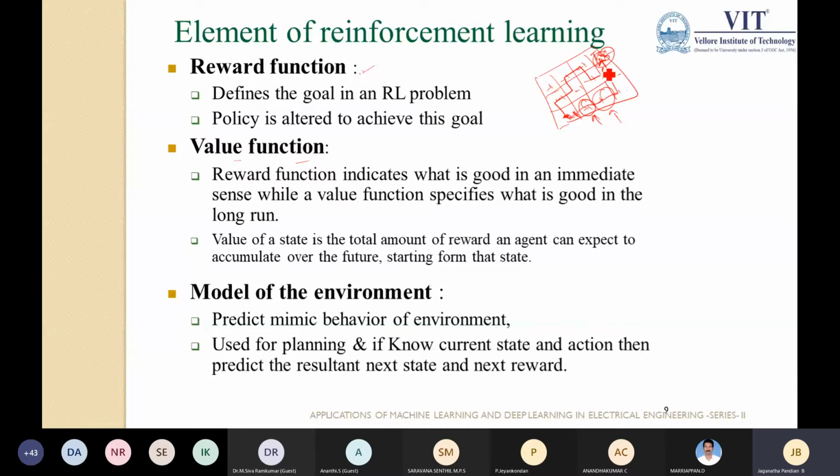So your cumulative reward will be 93 if I take this path. Whereas if I take this path, I am going through 1, 2, 3, 4, 5 -1s and then 100. So this is 95. Compared to the longer path, this path is giving me a better cumulative reward, so definitely my robot will try to take this path.